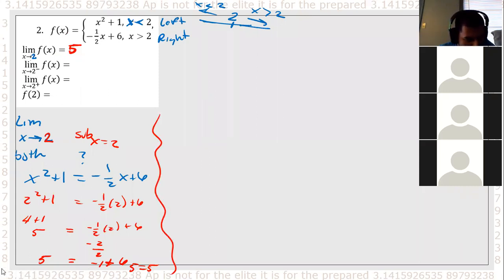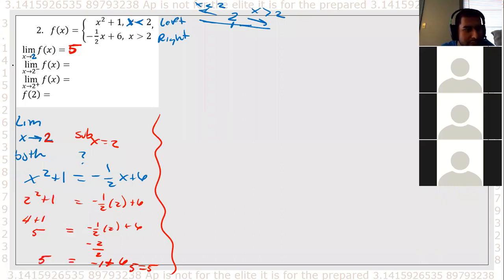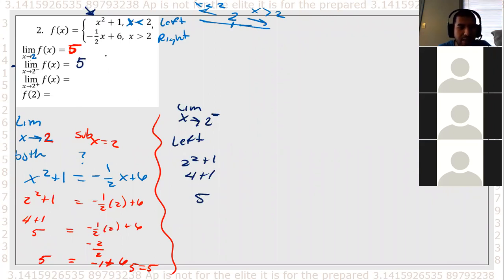Let's go ahead and try the next one. It says the limit as x approaches 2 from the minus sign, the left. What happens as I put 2 on the left? Didn't we just solve for it? I put a 2 right here. That's 2 squared plus 1, which is 4 plus 1, which is 5, the limit from the left.